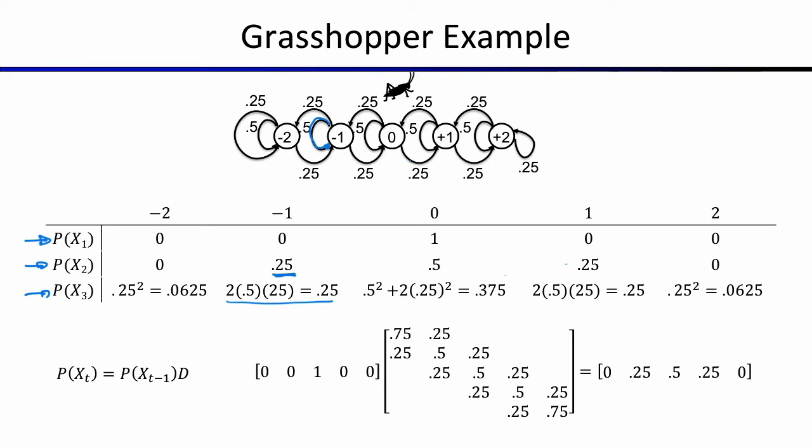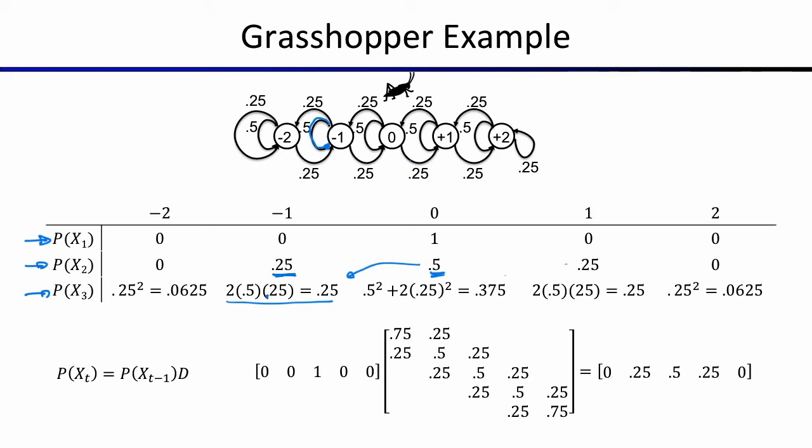Another possibility is it was actually here and decided to jump to the left. So this is 0.5 that we have here times the transition probability, that is 0.25. So it's going to be 2 times 0.5 times 0.25, that's equal to 0.25.